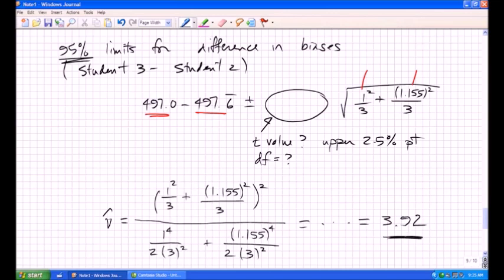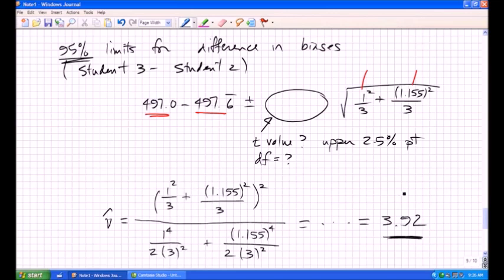It is not as big as 3 minus 1 plus 3 minus 1, which is what you would use if you assumed that the 2 populations had the same sigma and used the pooled standard deviation instead of these 2 sample standard deviations in this formula.